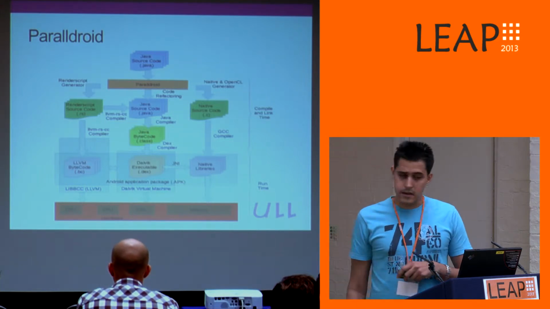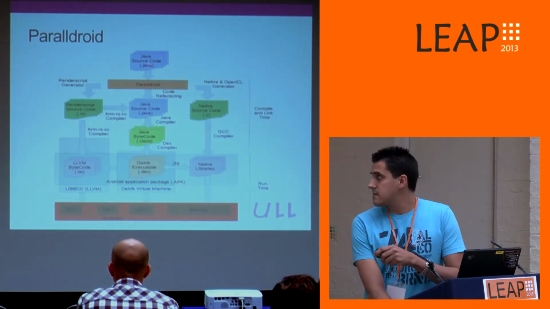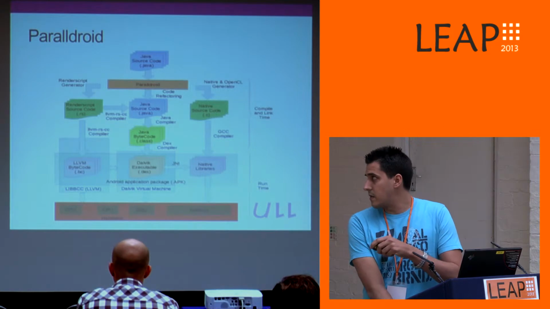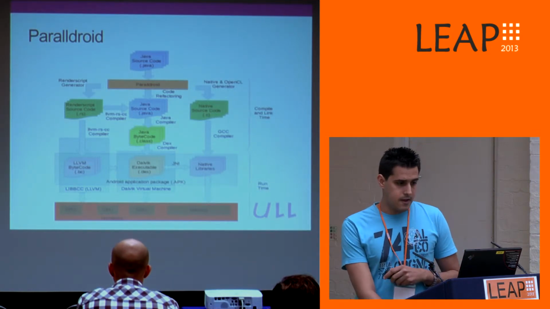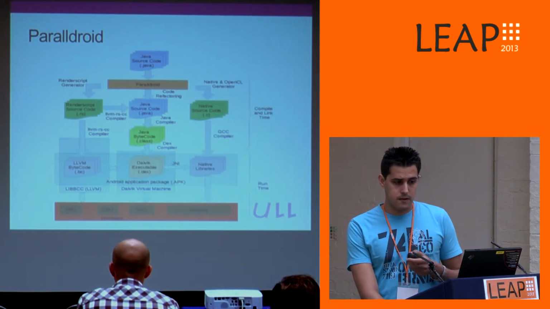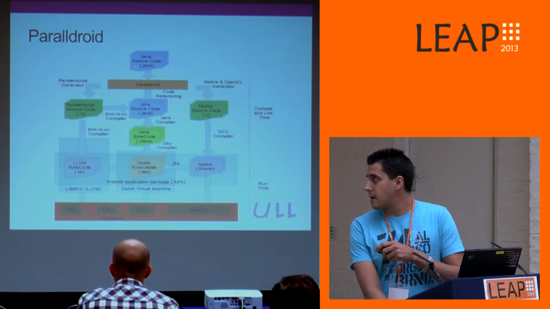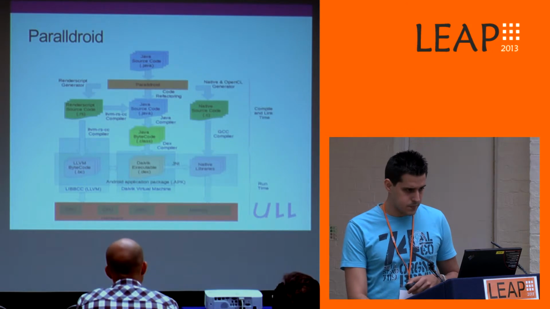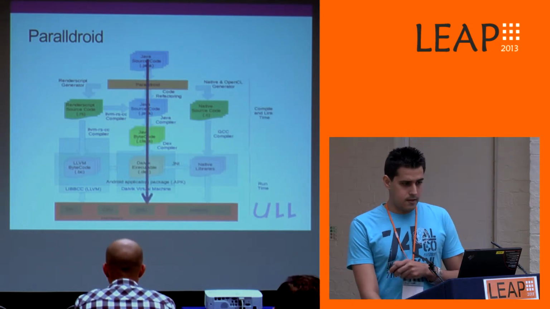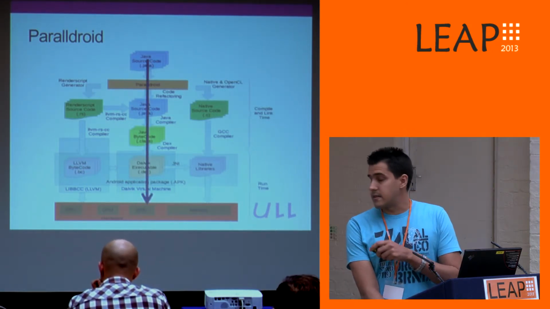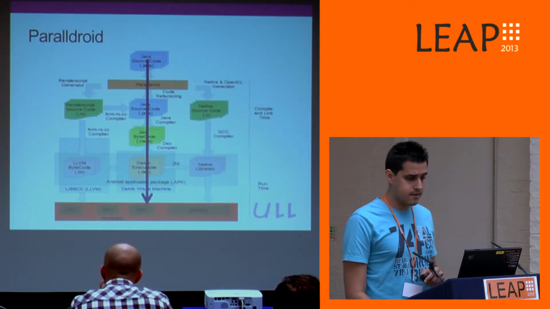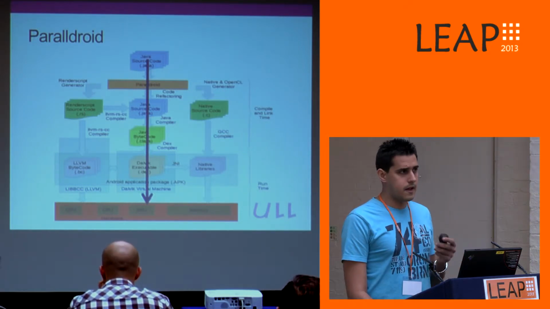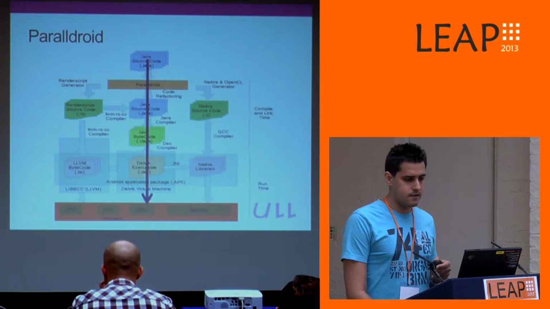The Paralldroid process is at the top level here. It is responsible for analyzing the Java code, looking for directives. The files that don't contain directives are compiled directly.